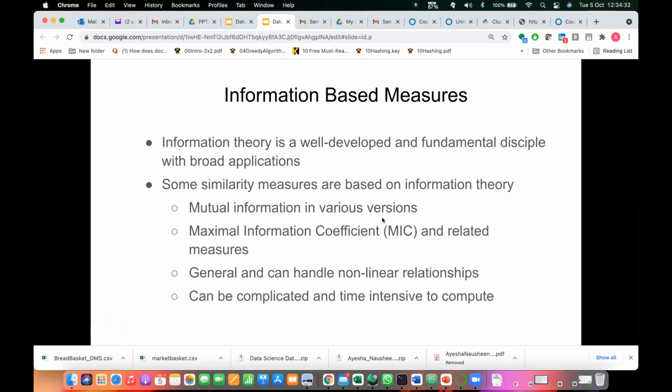Mutual information, maximal information coefficient and related measures are general and can handle nonlinear relationships, but can be complicated and time intensive to compute. So these measures are complex and take more time to compute, but they can also handle nonlinear relationships, not just linear distances.